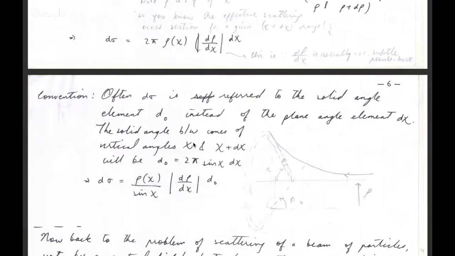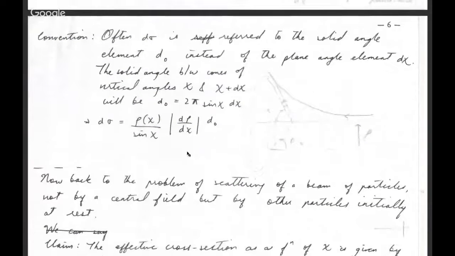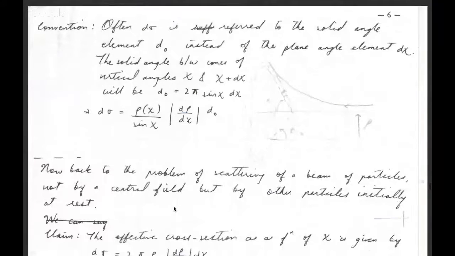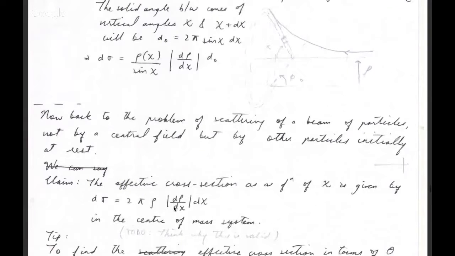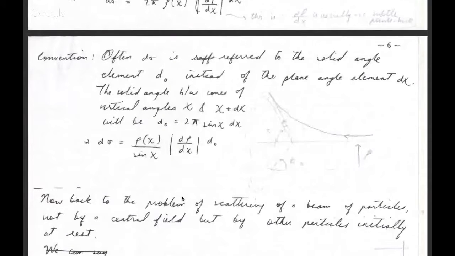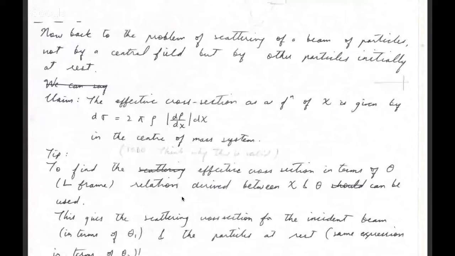Now back to the problem of scattering of a beam of particles, not by a central field, but by other particles initially at rest. Scroll down a little more. Okay.